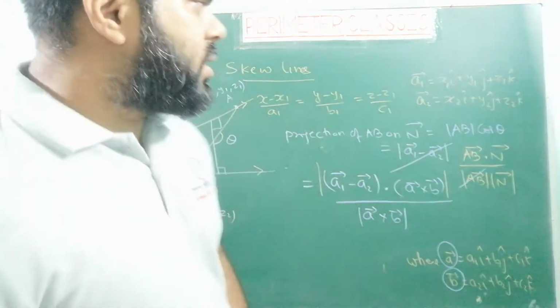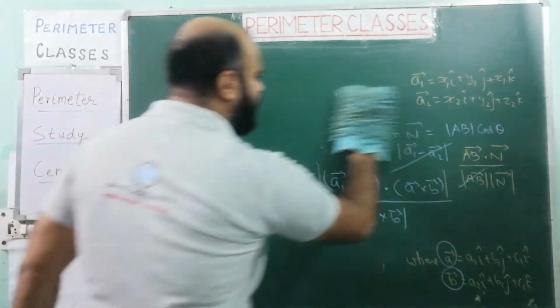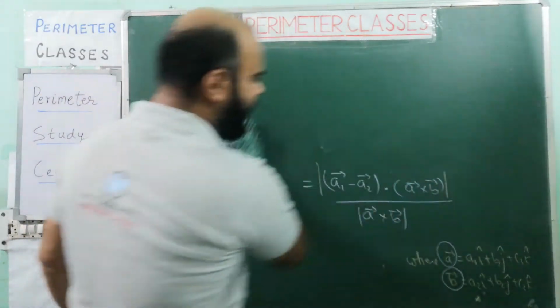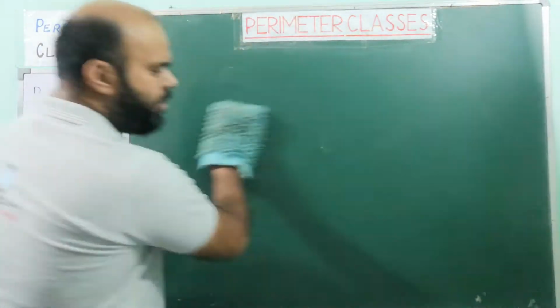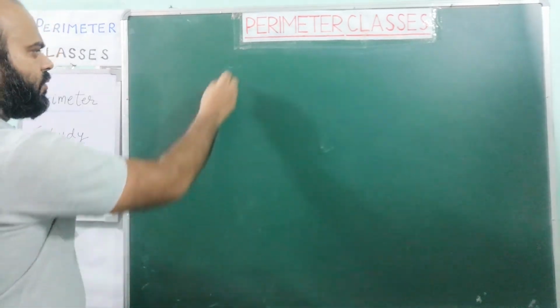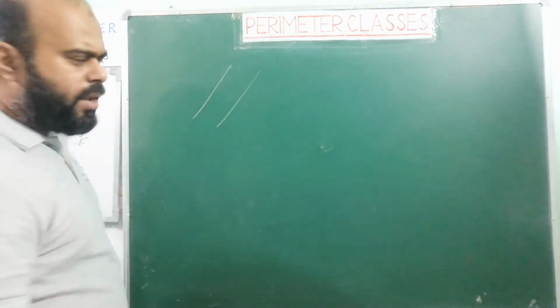Another case is the distance between parallel lines. So you have to remember this formula which we have finally written. This formula is important. Now if the lines are parallel, that means their direction ratios are the same.